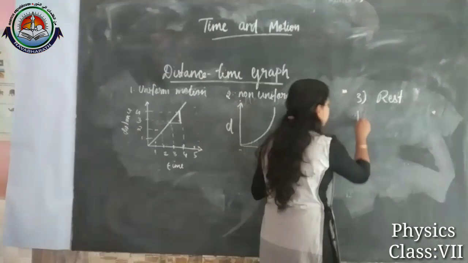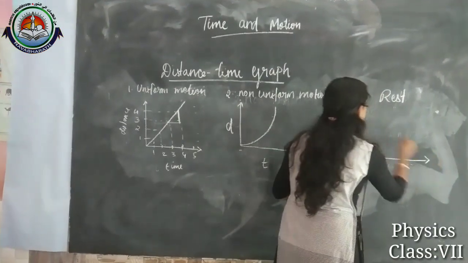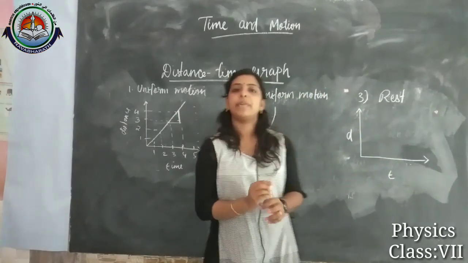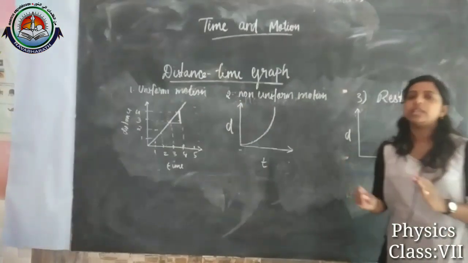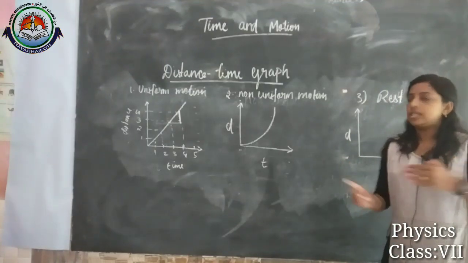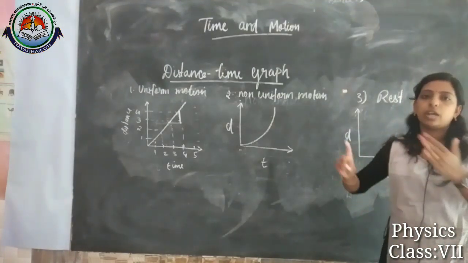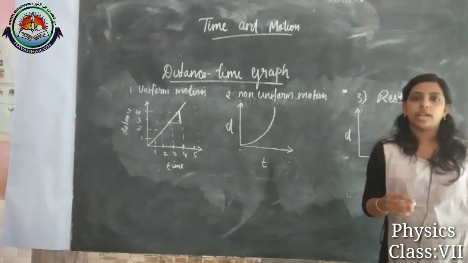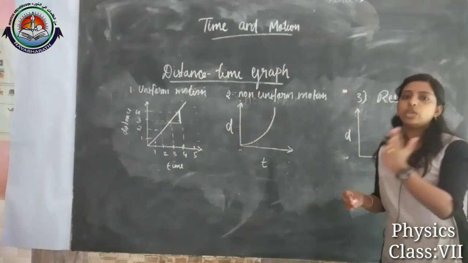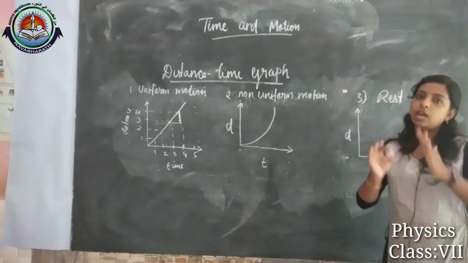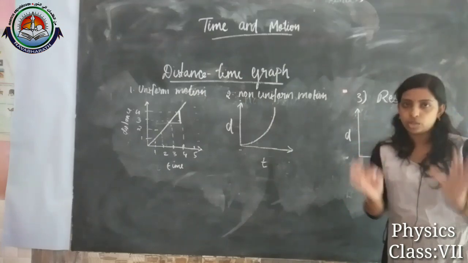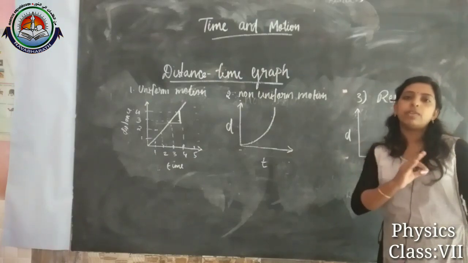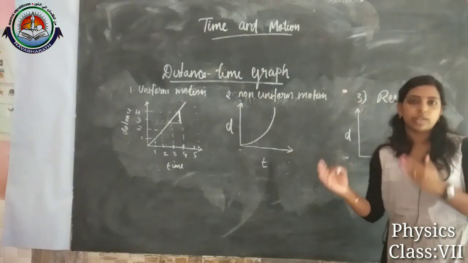So when we draw the distance time graph, with time and distance, what will happen? Here you remember, listen here. In the case of a car, if we go outside and when we reach home, we will stop the car, right? That means we will stop the motion of that car.